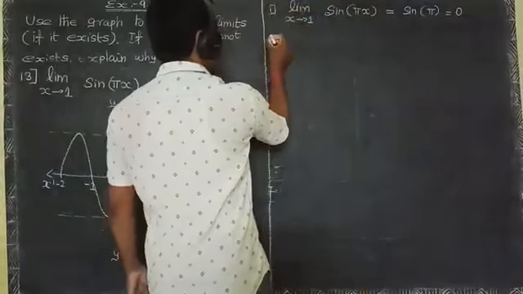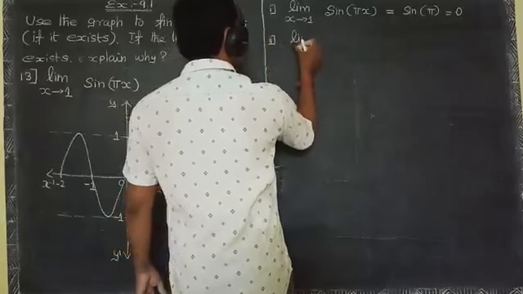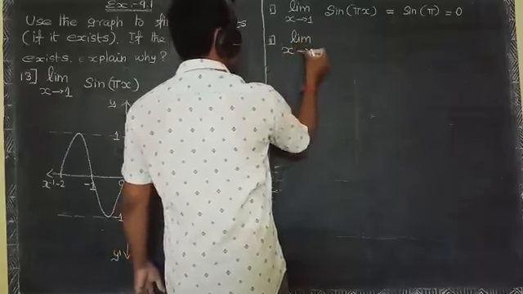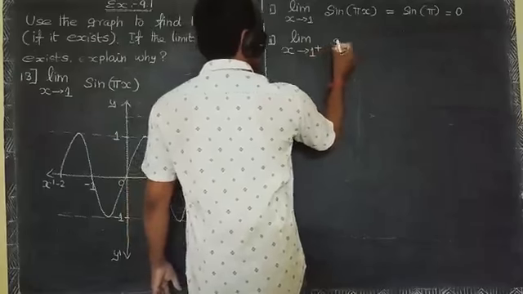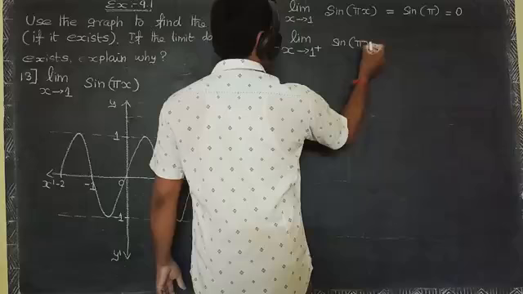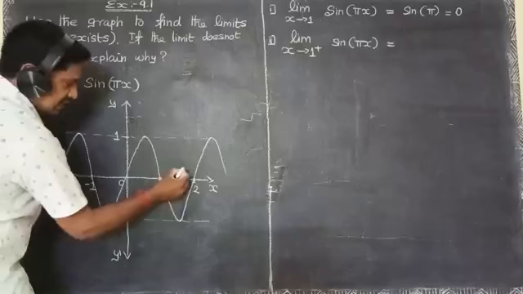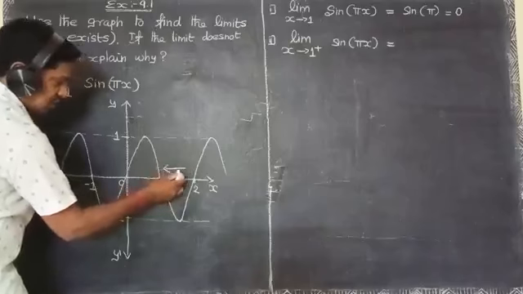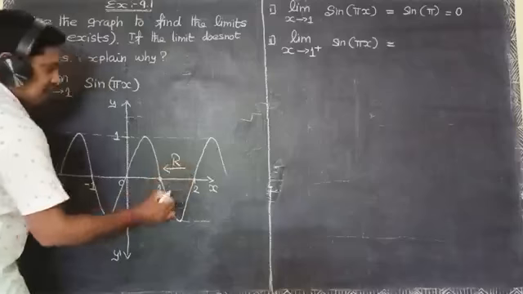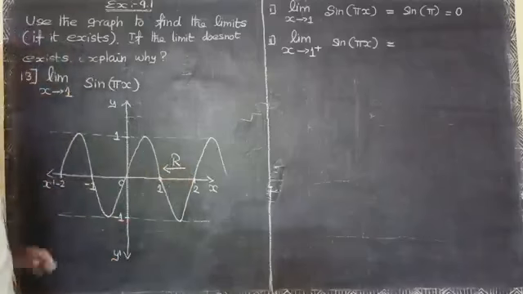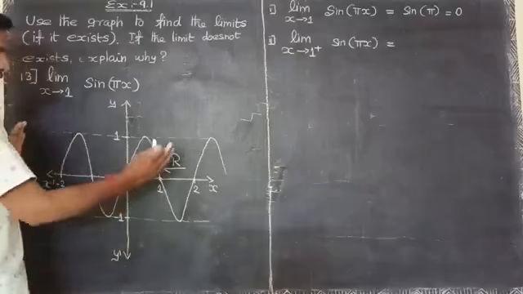In the second one, limit x approaches 1 plus of sin pi x. Here x approaches 1 plus means from the right side. The graph does not break at any point in the entire graph.